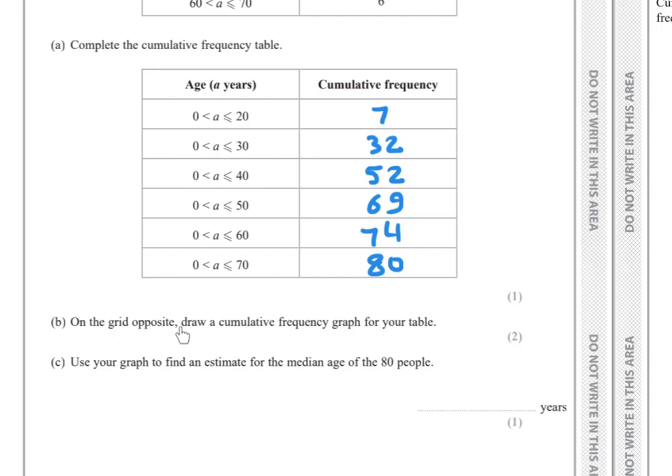B. On the grid opposite, draw the cumulative frequency graph for your table.